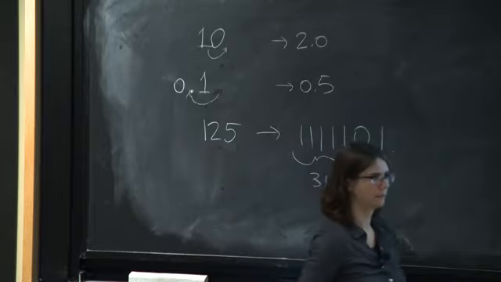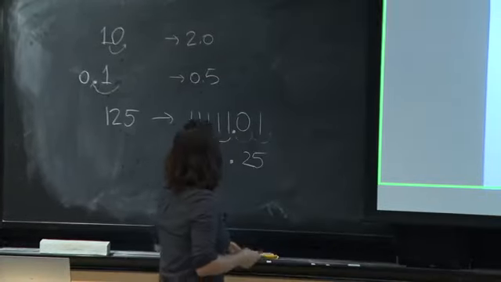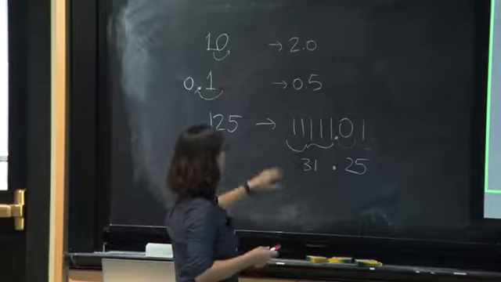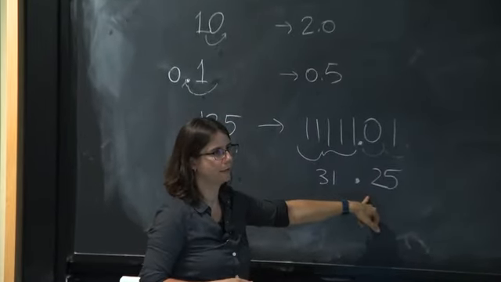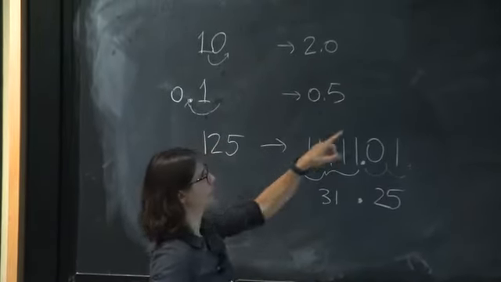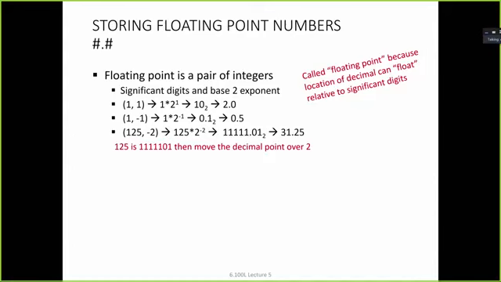Is 1.5 or 31.25 the number in base 10? Base 10 is 31.25, and 125 is how it's represented inside memory. So it's a base 10 sort of thing, and then what is the power of 2? So there's a couple conversions being done here.